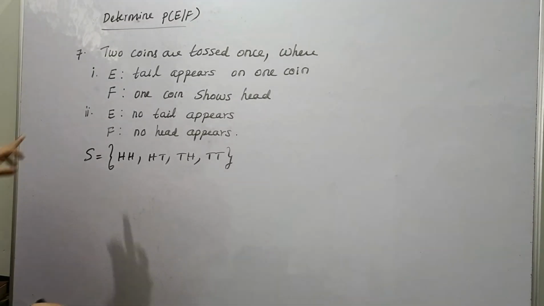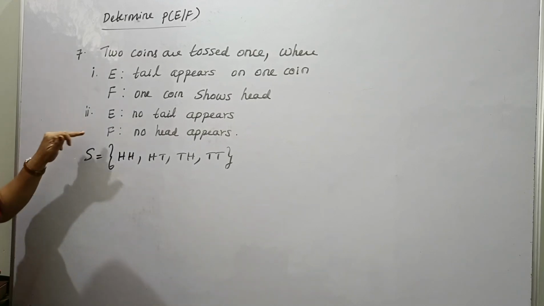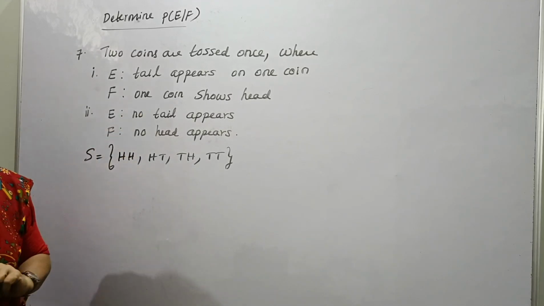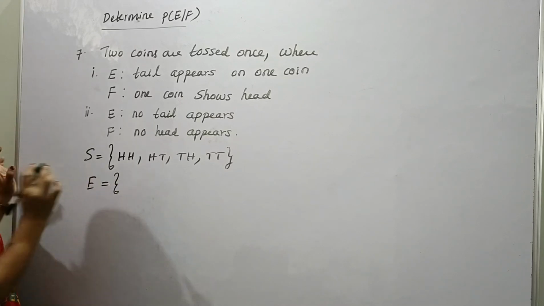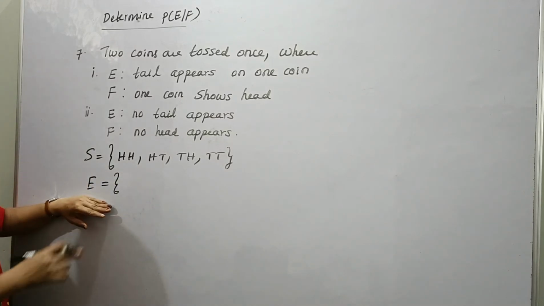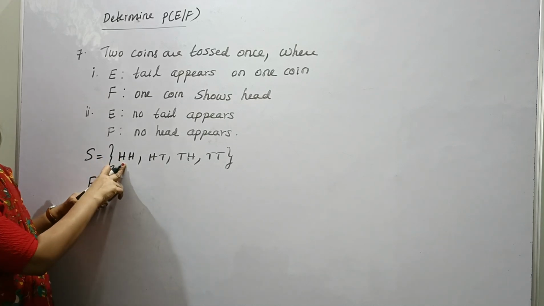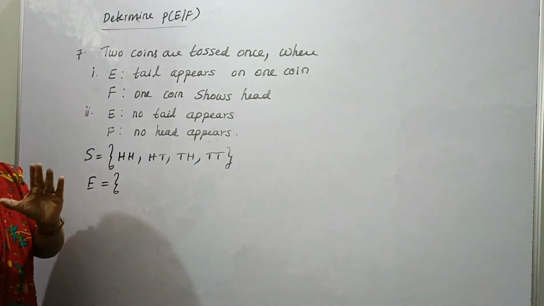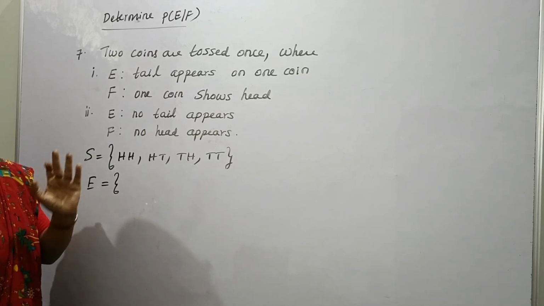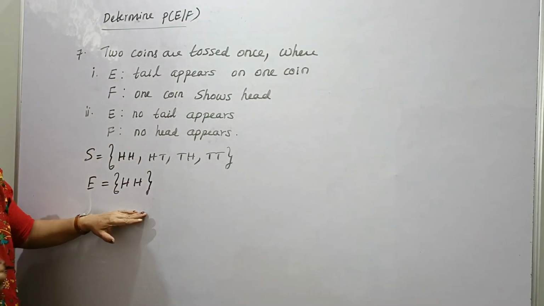Second one, E is the event no tail appears and F is the event no head appears. So here let's write the elements of E. What are the possible outcomes of E? No tail appears, therefore HH. Others are not possible, both coins should be head, no tail, therefore the element is HH, only one element.